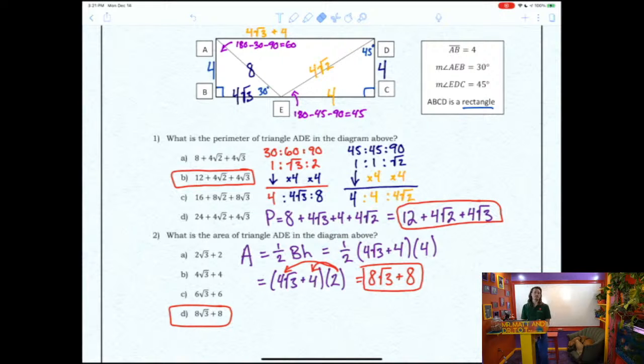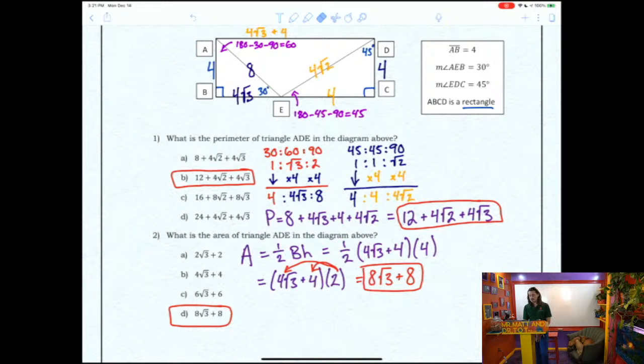However, the Pythagorean Theorem has three variables, right? It's a squared plus b squared is equal to c squared. So you have to have at least two side lengths in order to solve for the third. If you know that it's a 30, 60, 90, you only need one side length, and that's where they can really test whether you know these side length ratios, angle to side length ratios, because you wouldn't be able to solve here with the Pythagorean Theorem.